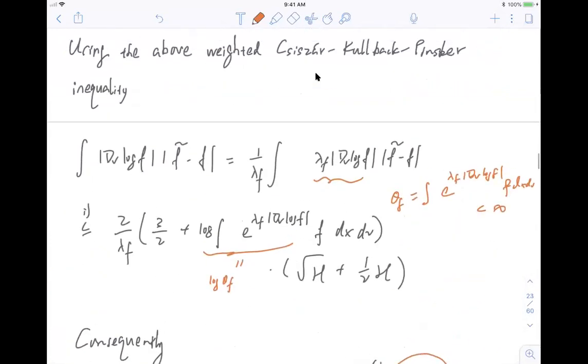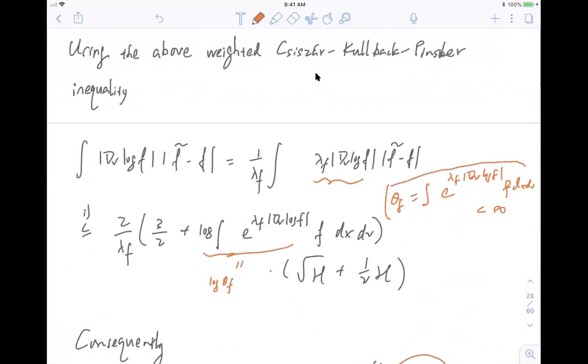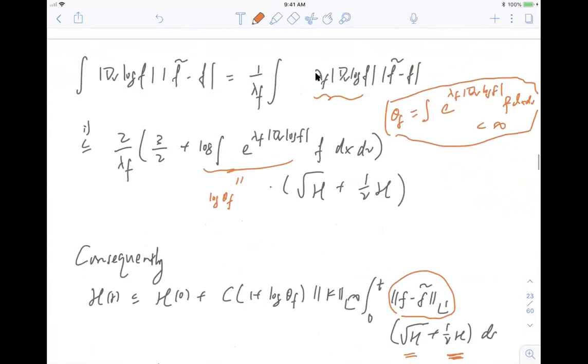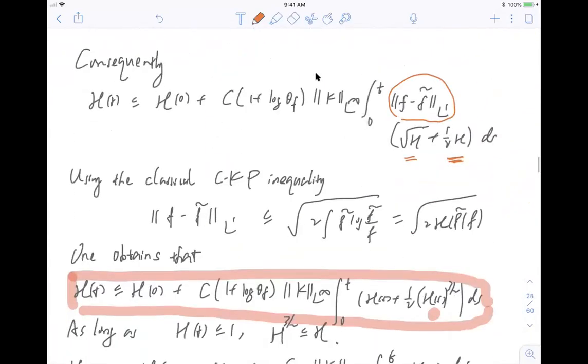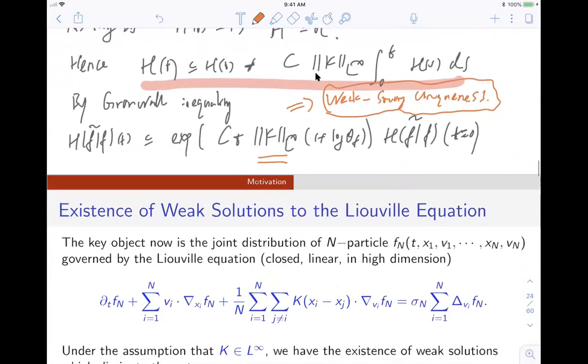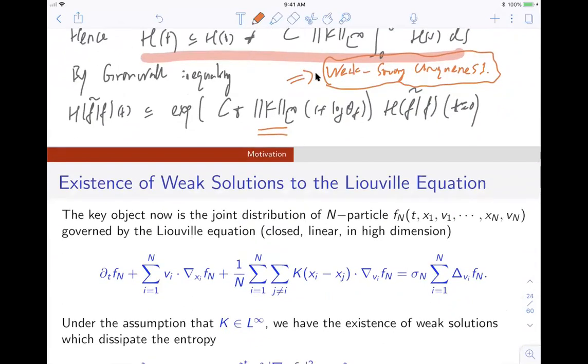So this class of distributions includes Maxwellian or Gaussian type distributions. This computation is very easy. The only slightly difficult part is that we use the weighted version of the CKP inequality. And this gives us the scale of K, which is L infinity.